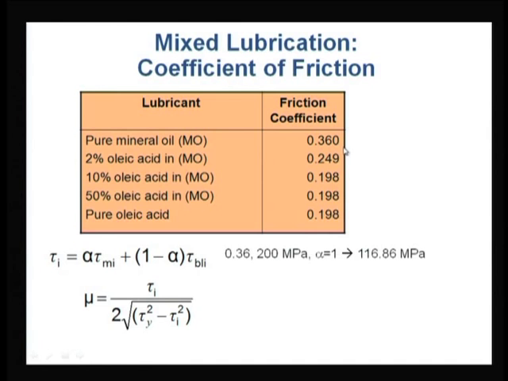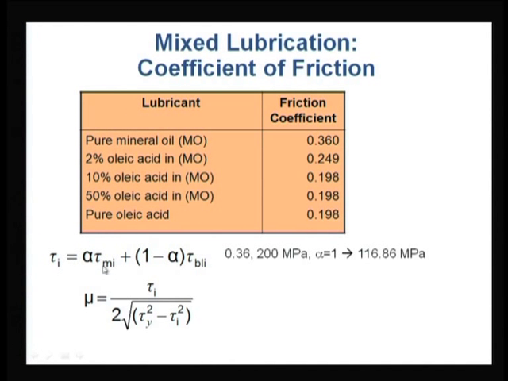In this case, we say that alpha is equal to 1, the liquid lubricant was not acting at all and boundary additives were not mixed in. So alpha equal to 1, that means 1 minus alpha will be equal to 0. This shear is 0. So whatever the tau y, it comes because of the metal interface.